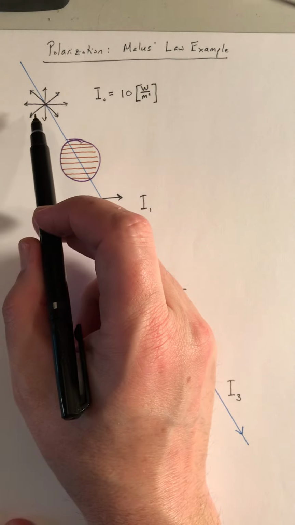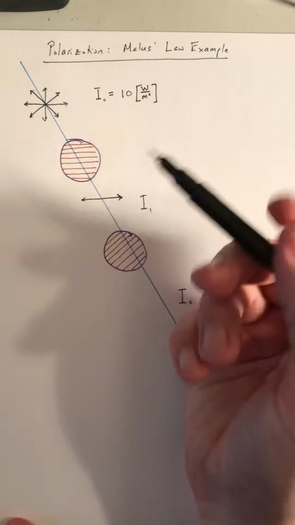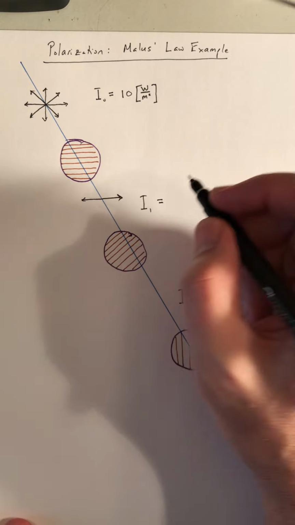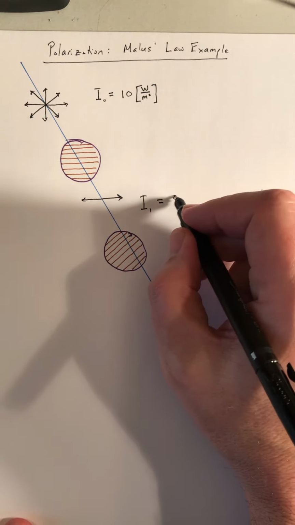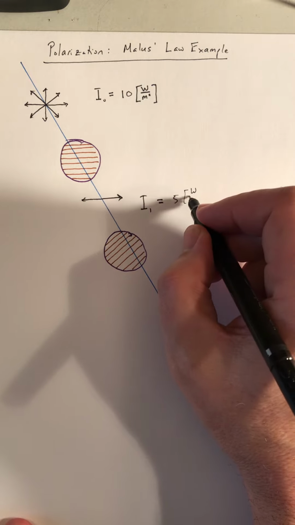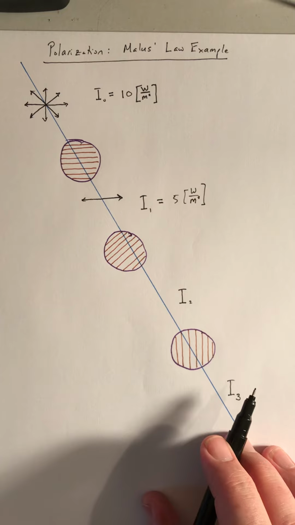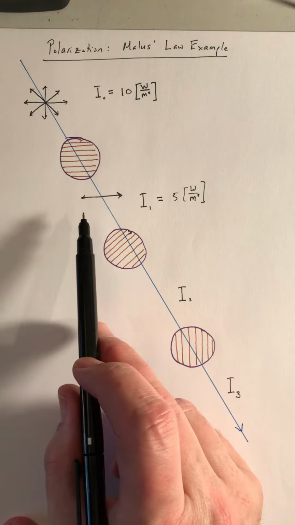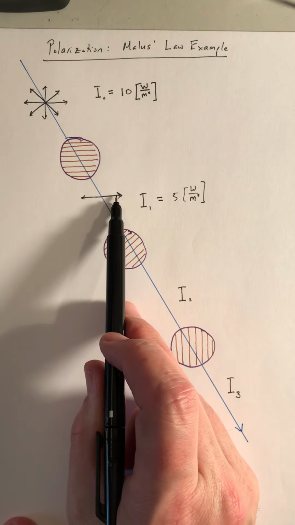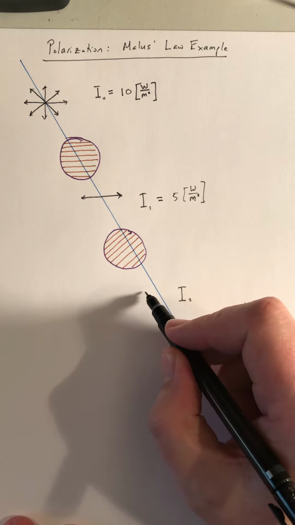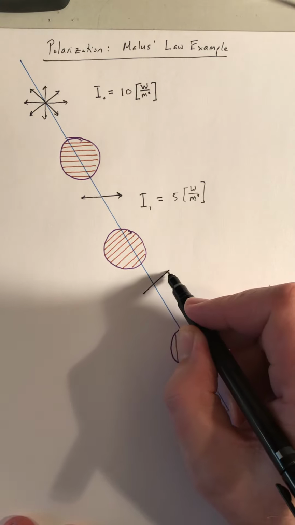This is unpolarized light, so that's an equal mix, half and half. So I will get an intensity I1 of 5 watts per square meter.